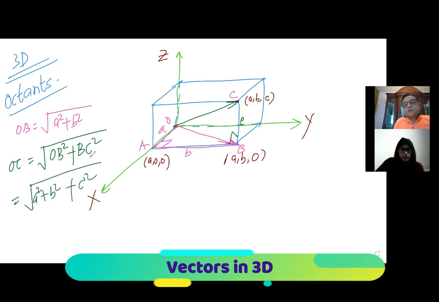So we get this direction as the square root of A square plus B square plus C square. You get the idea. That becomes the magnitude of a vector. And whenever we position a vector with the origin, we call this a position vector. It has to be with the origin.